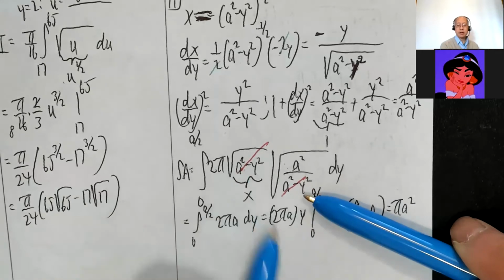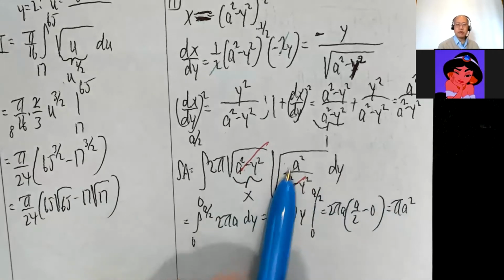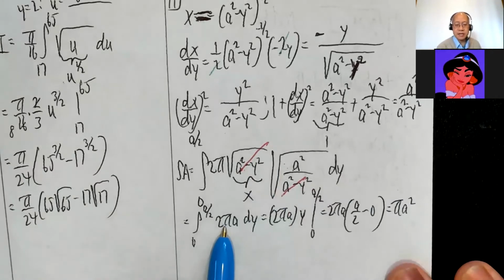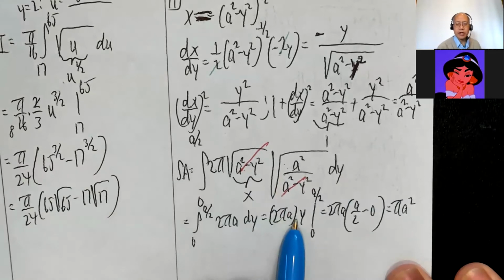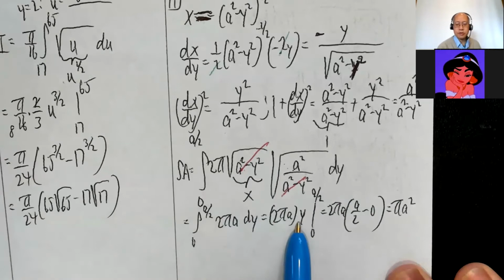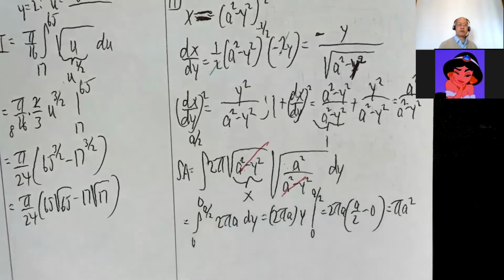Square root of a squared is a. So I'm integrating 2 pi a, which is a constant with respect to y. So 2 pi a y from 0 to a over 2. Plug in 0 for y, you get 0. Plug in a over 2, you have 2 pi times a over 2, pi a squared. Final answer.